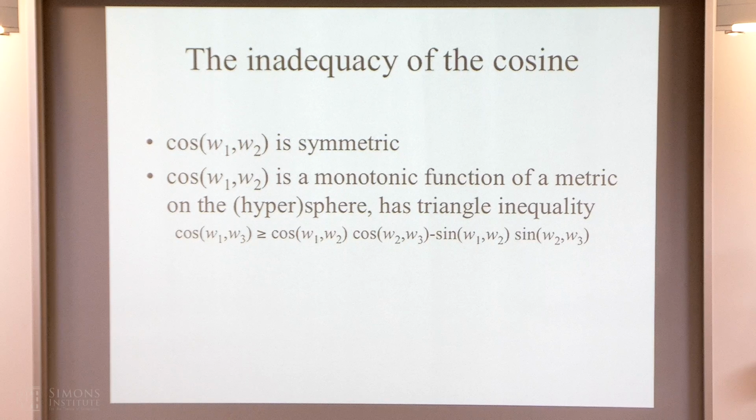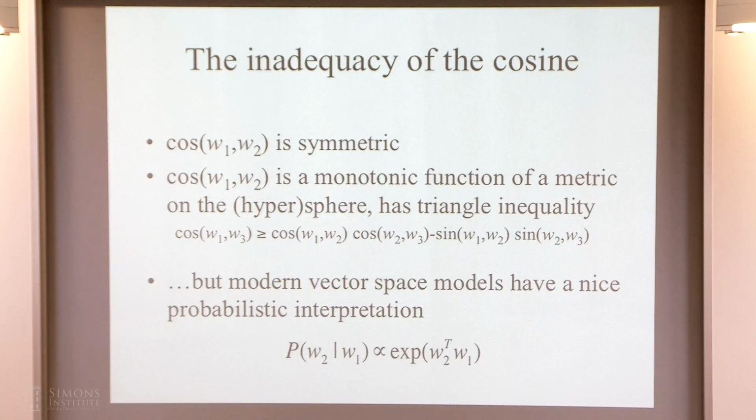But with the modern vector space models that Chris talked about, one of the nice things that have come along is a more natural probabilistic way of thinking about what those vector space models are doing, and a better way of understanding how they should be estimated. As a consequence, we have a nice probabilistic interpretation that allows us to calculate things like conditional probabilities.